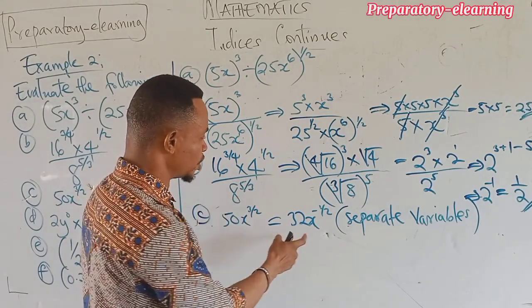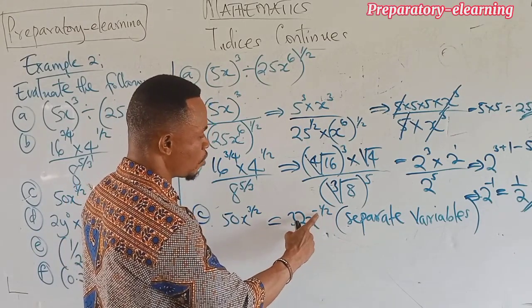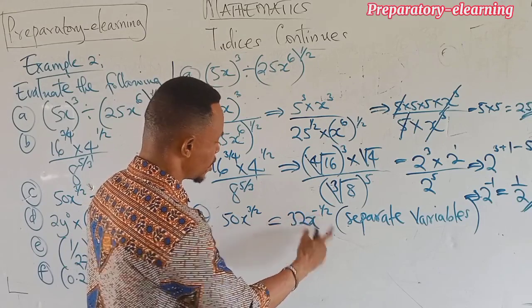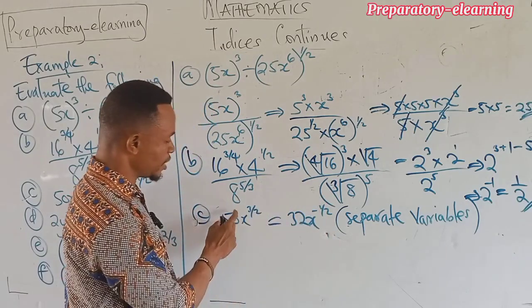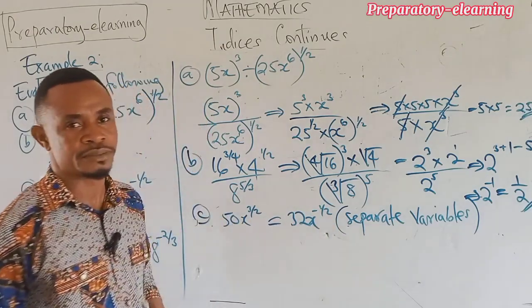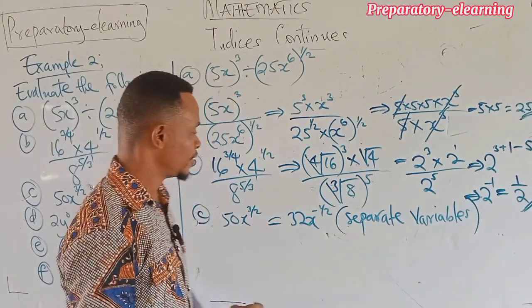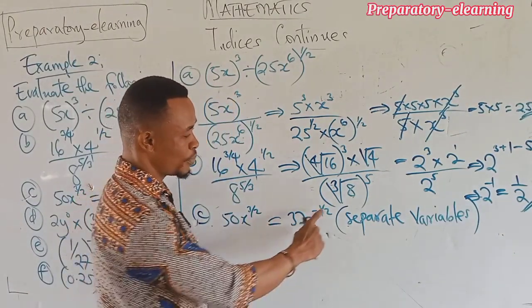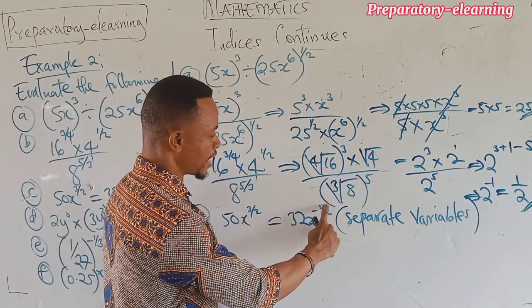So if we are to separate this, you divide through to bring this x power 1 over 2 to this side. You divide through by this, and to bring this 50 to this side, divide through by 50. Do we understand that? Let me take that again. To separate variables, you bring the letter that you have here, divide through by this.